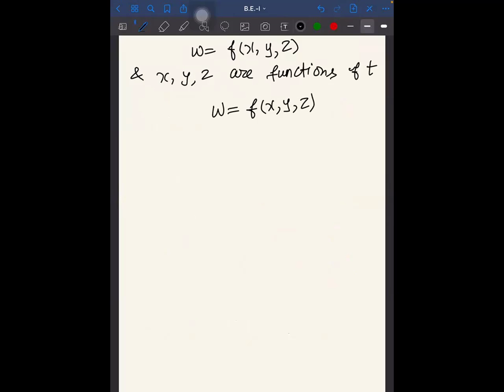So first of all, mark your dependent variable. What is your dependent variable? W. Yes, W is your dependent variable. And how many intermediate variables do you have? Three. So let's make three branches this way.